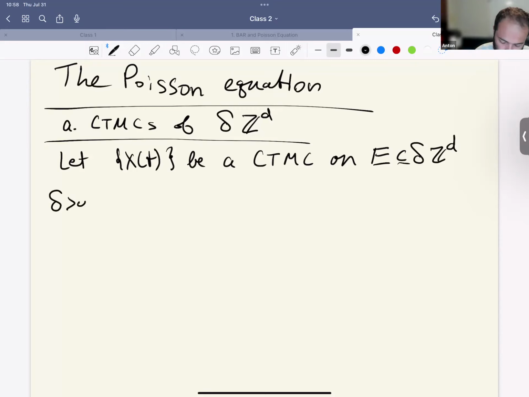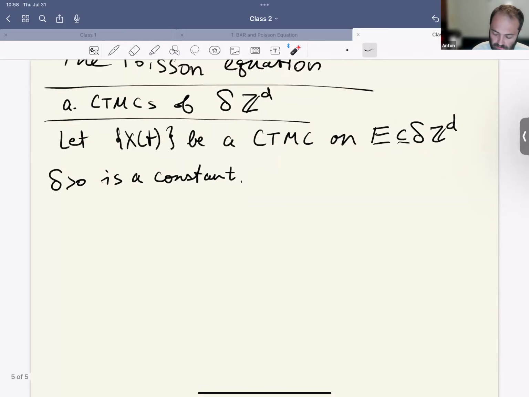So delta is a constant, and so is D. The immediate question is, does it really matter that we have a Markov chain on the grid? No, it doesn't. All of this extends to the countable state space setting. I just want to talk about it in this context because it makes the notation a little bit simpler, but everything extends.